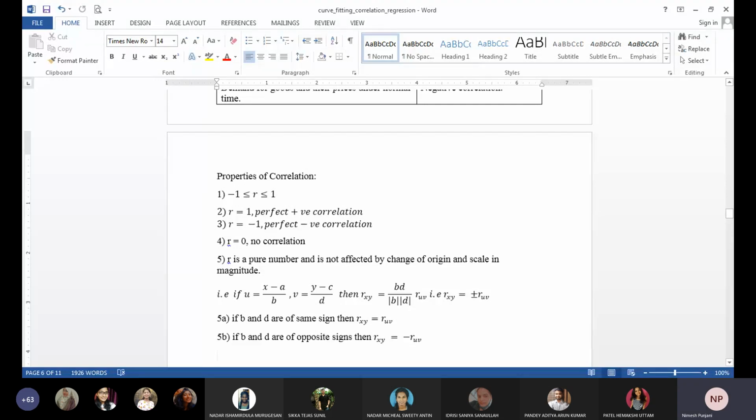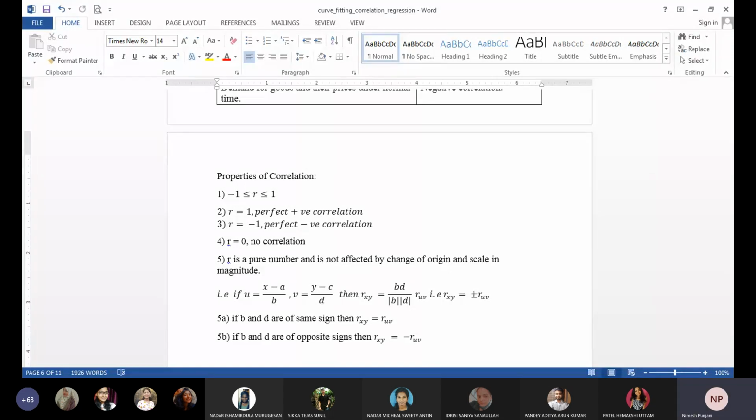You get plus if b and d are of the same signs: if b and d are of the same signs, then r xy is the same as r uv.